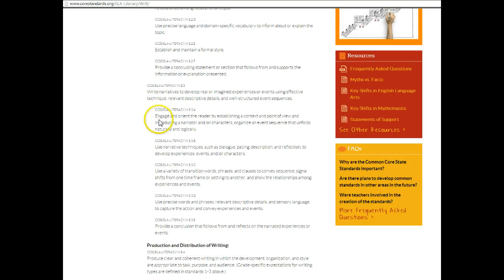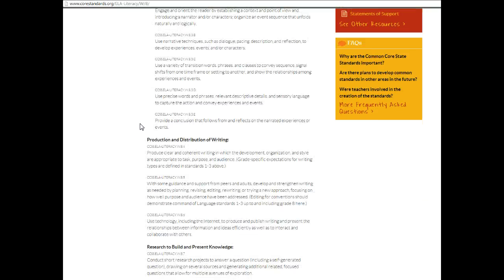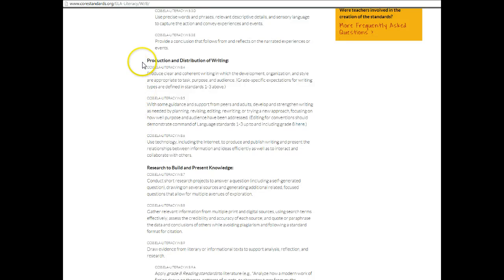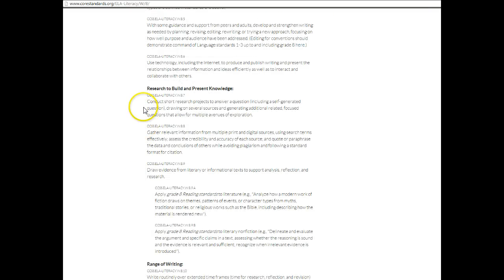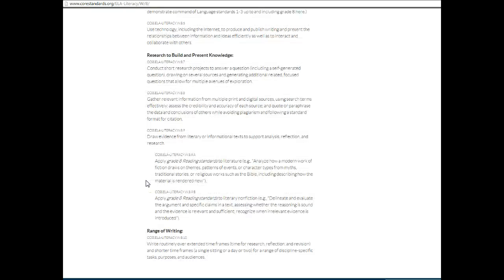Again, these sub-standards are fitting each grade level. So they move up in complexity as the student matures and rises from the lower grades to the higher grades. And again, here are the other strands: production and distribution of writing, research to build present knowledge. Again, the research capabilities or expectations are increased as the age of the writer rises.